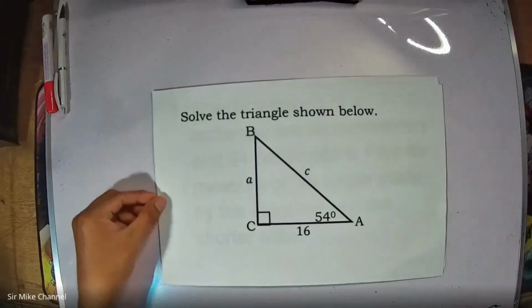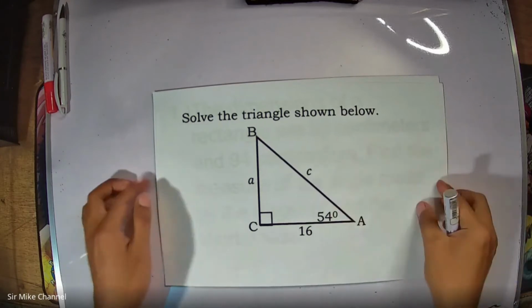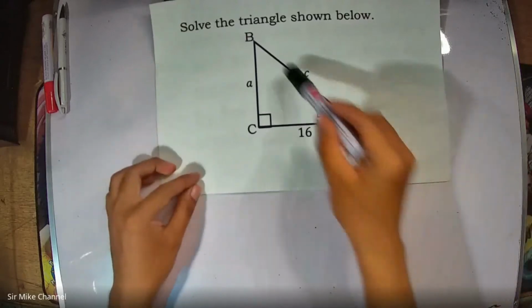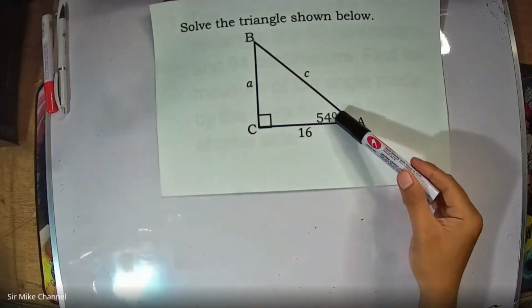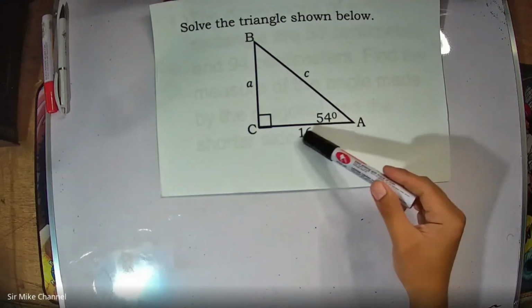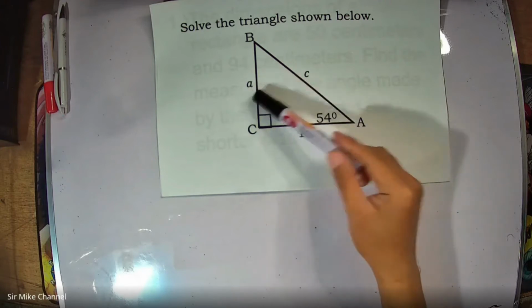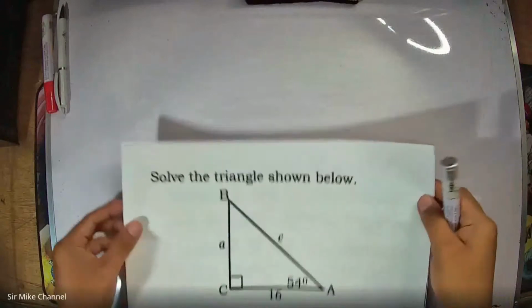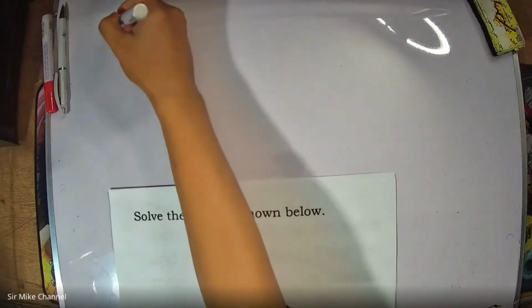For example number 1, solve the triangle shown below. Let's solve all the sides first. We have a right triangle with a 54 degree angle, and 16 is the adjacent side. The opposite side and the hypotenuse are missing. So let's say this is our triangle.